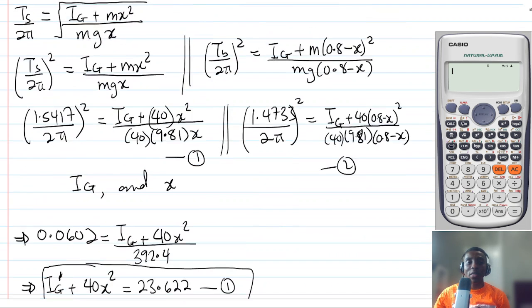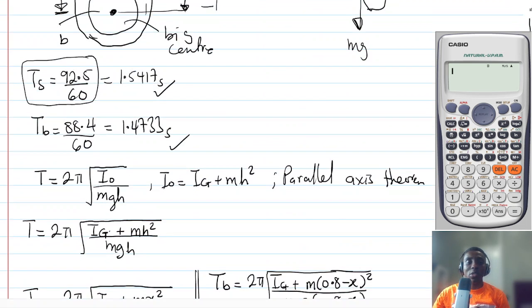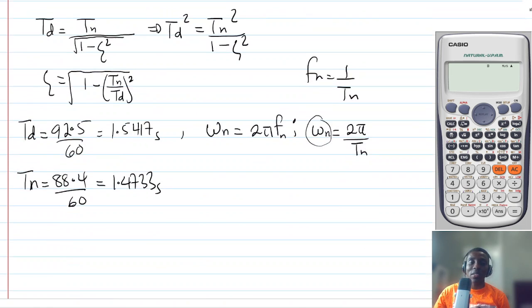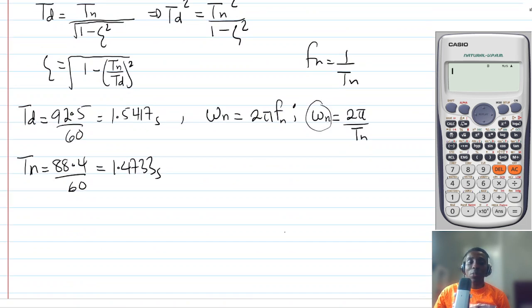So this one is technically the natural period. You were not given any other period, but the problem gives you the idea that the 92.5 was the damped one, so this one will be without the damping. But this is approximate.